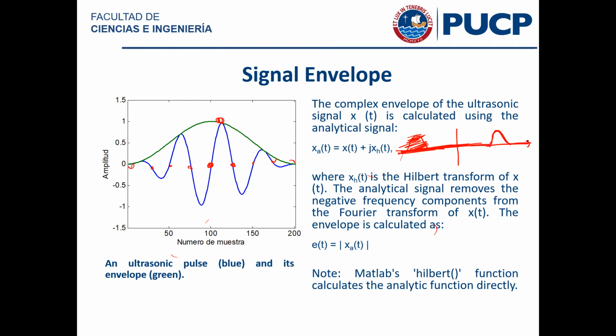That you already know, and you can see it in the very definition of the formula. If it's x(t) plus j times the Hilbert transform of x, then that means we're dealing with a complex signal. If we take the magnitude of the complex signal, we will get the green curve that you see in there, which is the envelope, the amplitude modulating component.